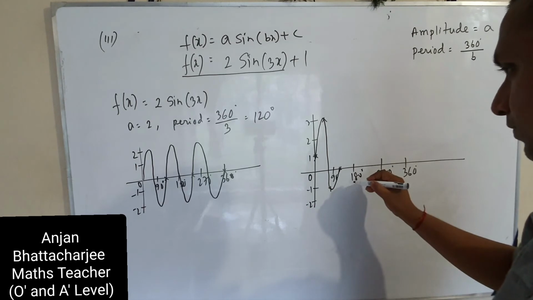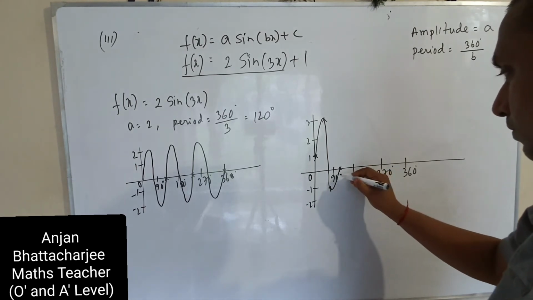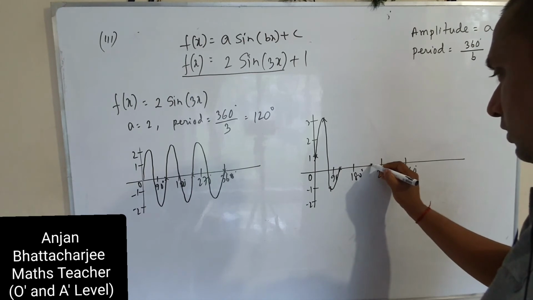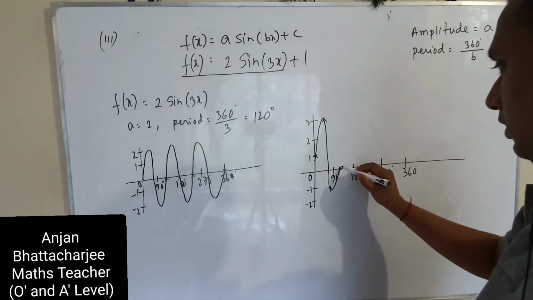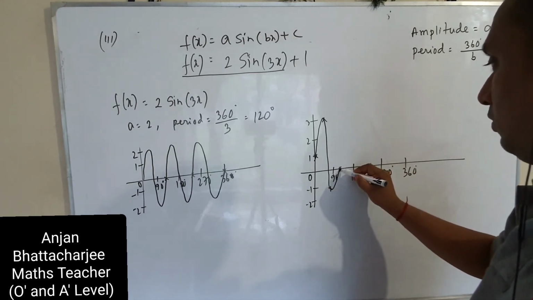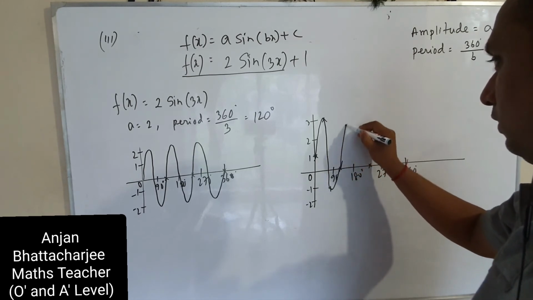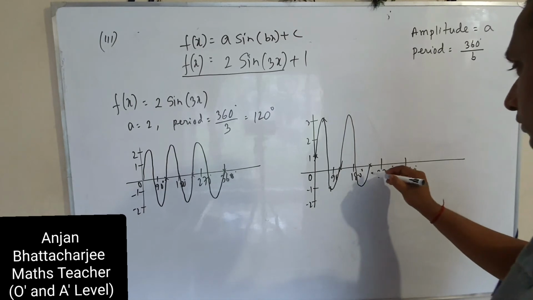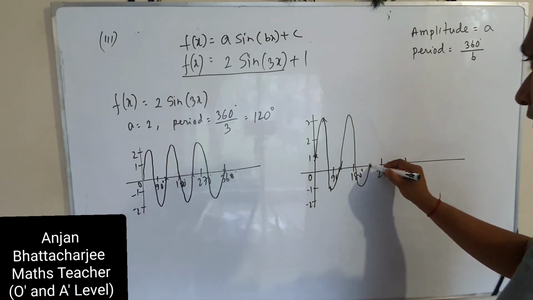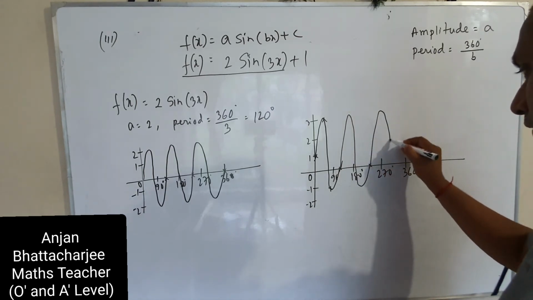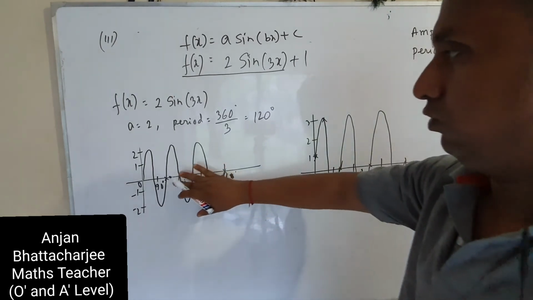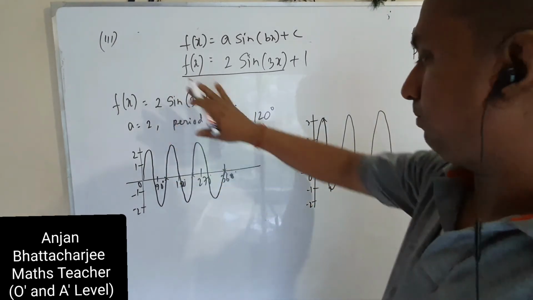Same as this, this is 120 and it will be 240 and it will go the same way. That is, the graph will go 1 unit up.